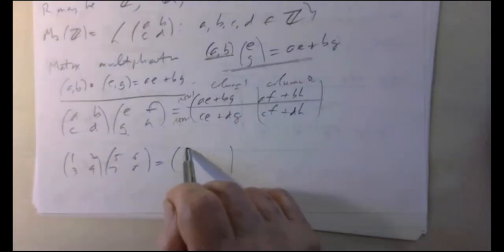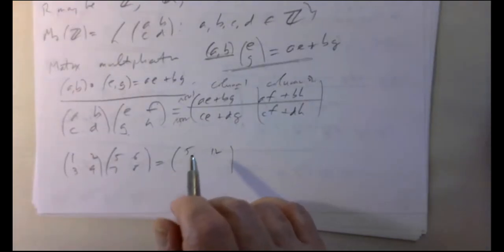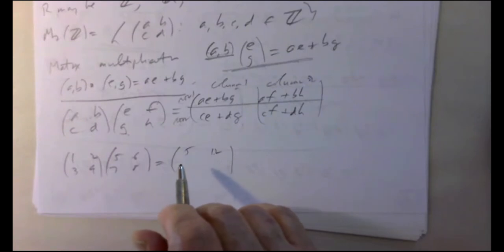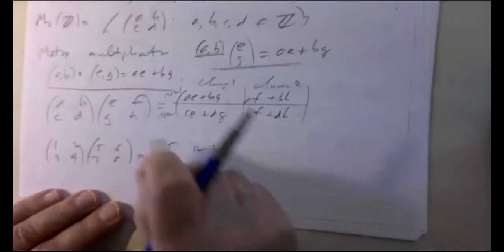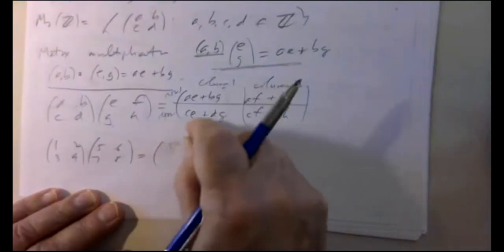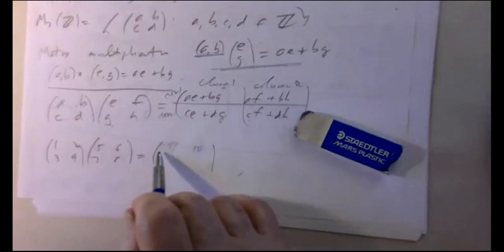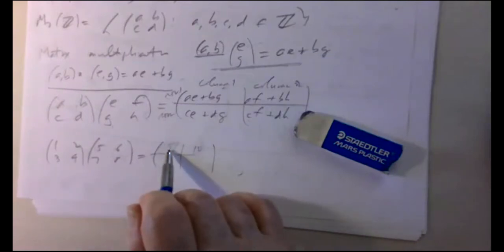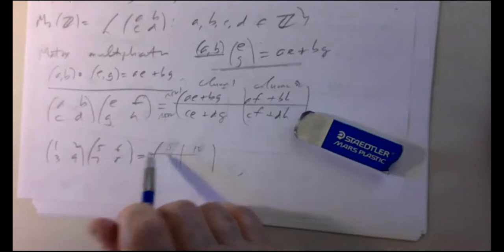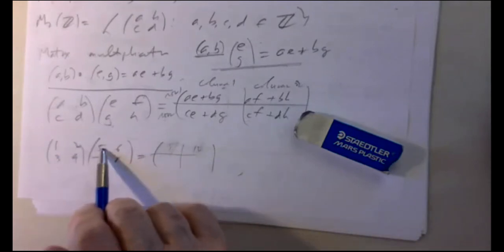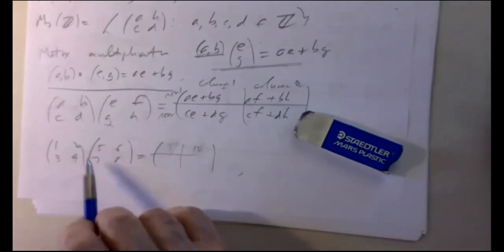So what is the first row of this matrix? Can someone tell me? What goes in here? First position? 5. So this is 1 times 5 plus 2 times 7.